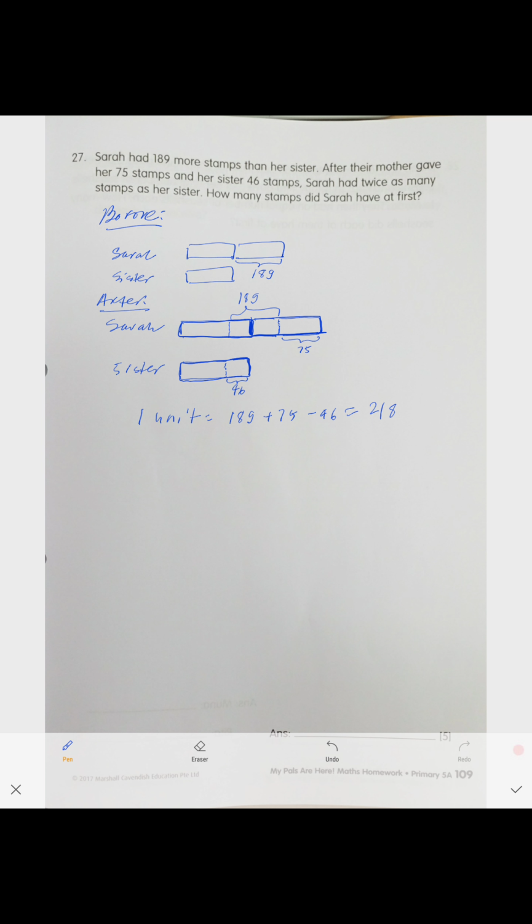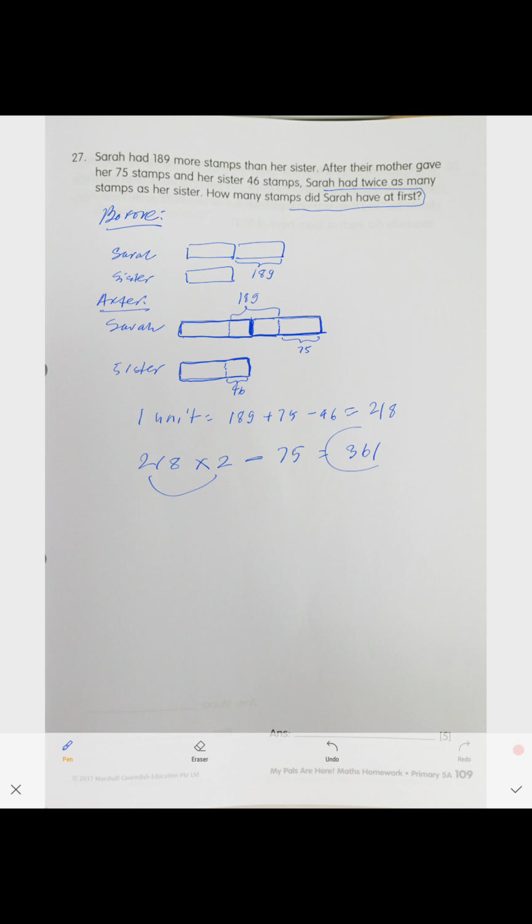Right, so if 1 unit is 218, what is 2 units? 218 times 2, and they ask us how much Sarah had at first, right? So this is our 2 units of Sarah minus this 75, right? Minus 75 equals 361.